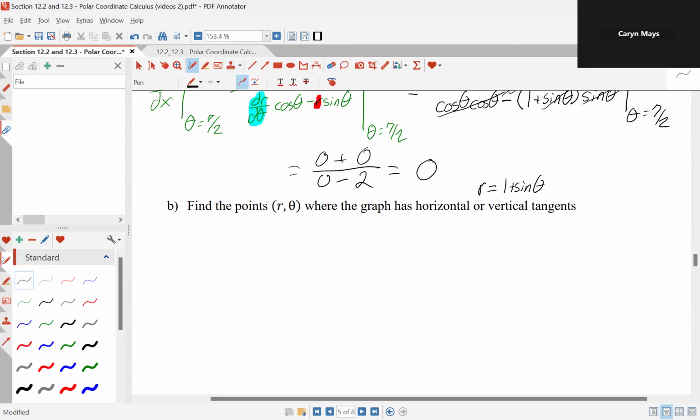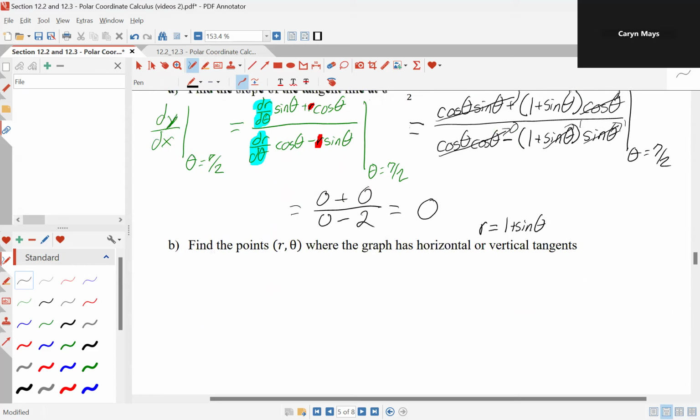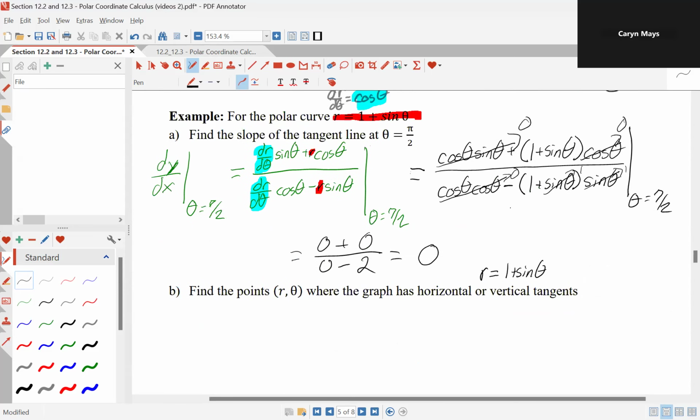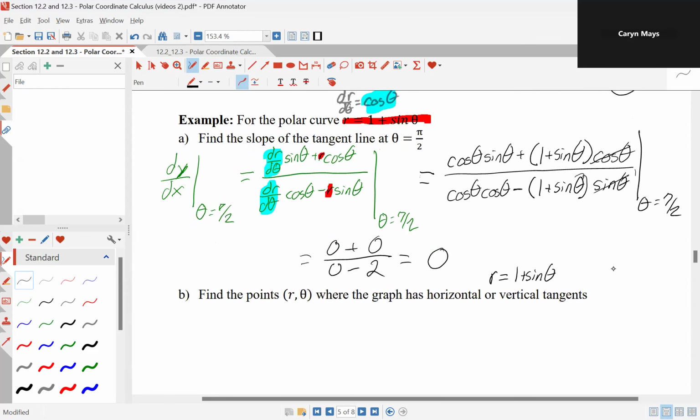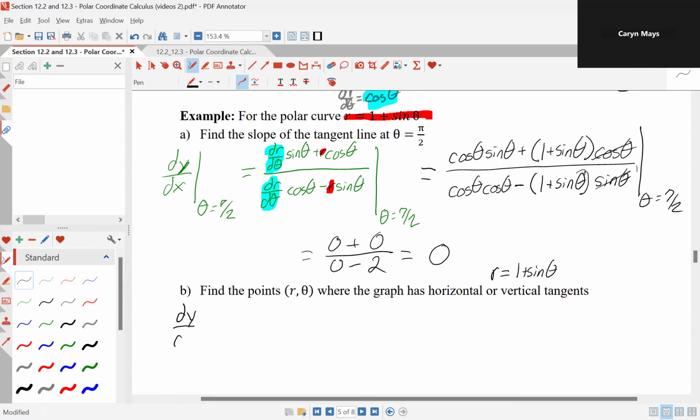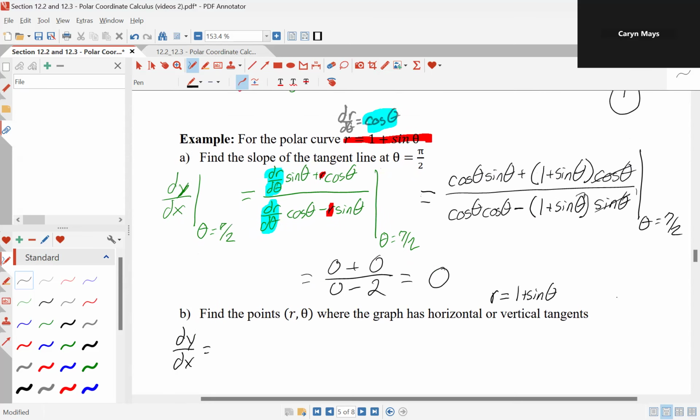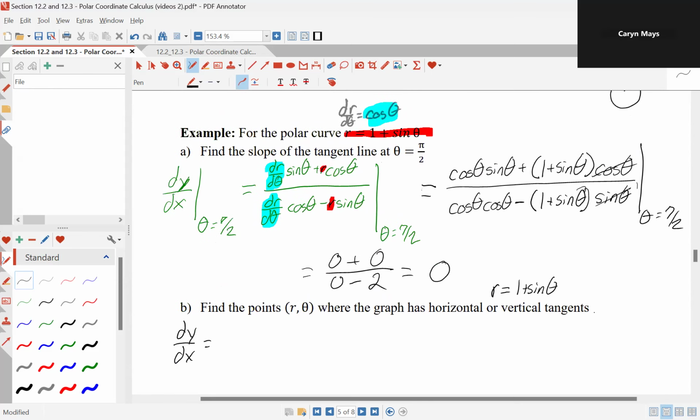Part B, working with the same equation of r equals 1 plus sine theta, we want to find where the graph has horizontal or vertical tangents. So using what we had up here, I'm going to simplify this out. dy dx is cosine theta sine theta plus cosine theta plus sine theta cosine theta.